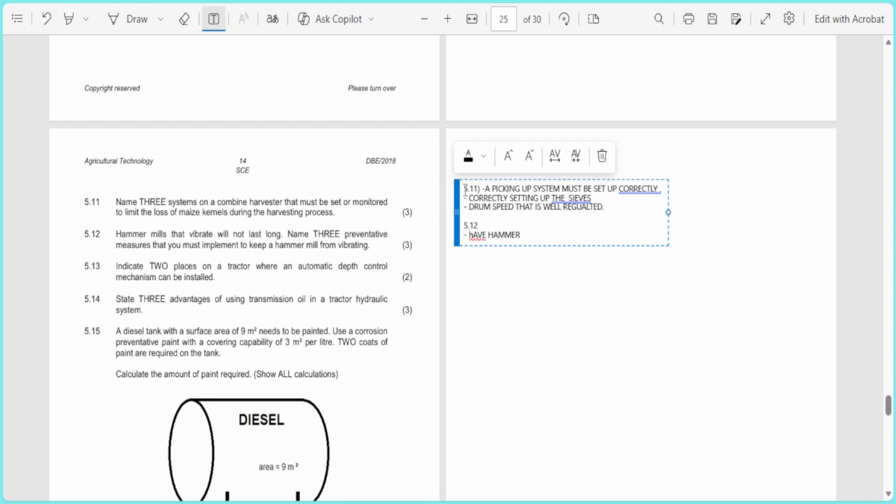Okay, so we should have hammers with equal mass so that we don't have this imbalance, right? Make sure that, let's say, a correct operating speed is achieved.